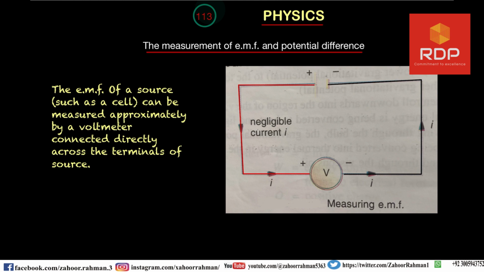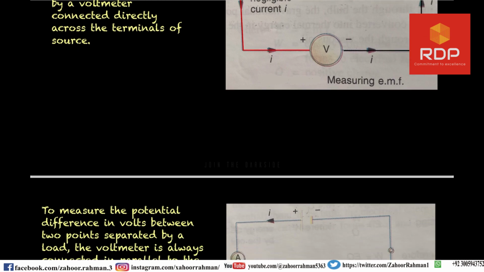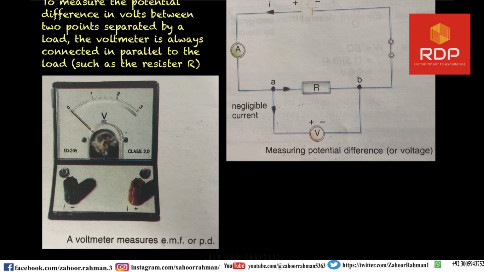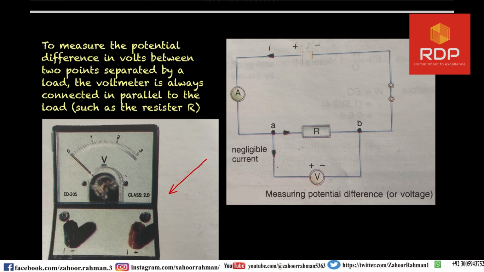Before jumping into the world of measurement of EMF and potential difference, let me explain first that this device is used for measurement of both the potential difference and the EMF.